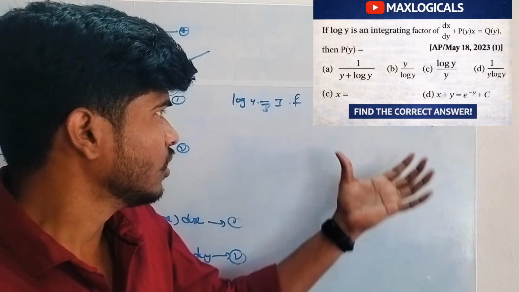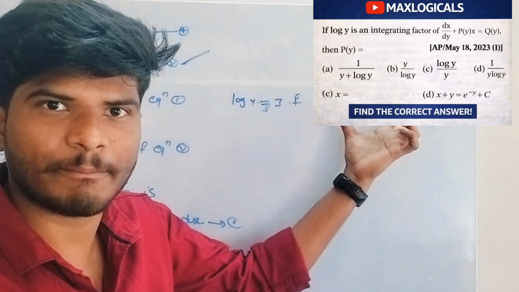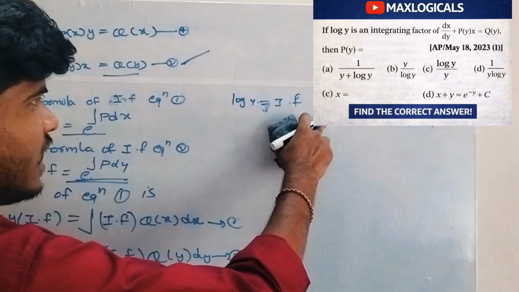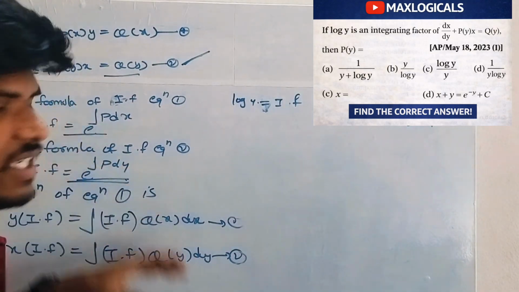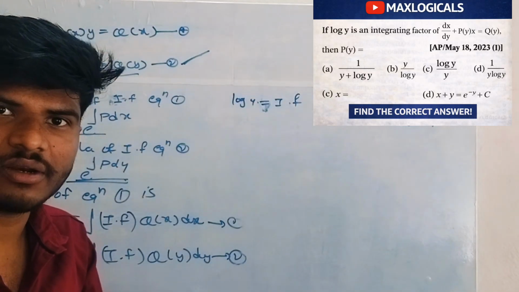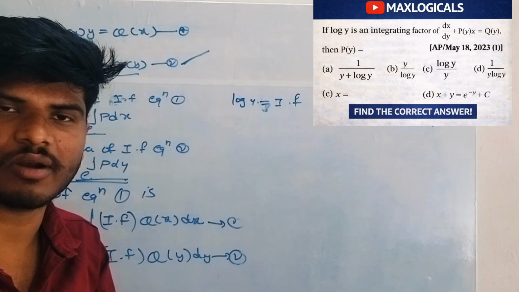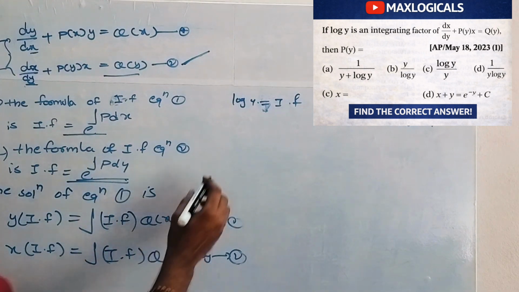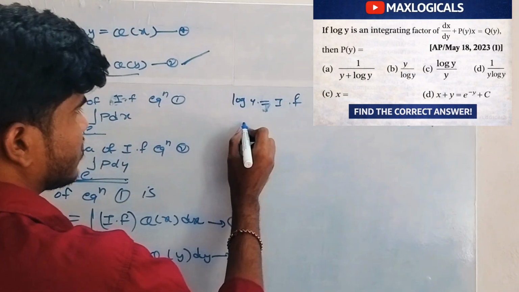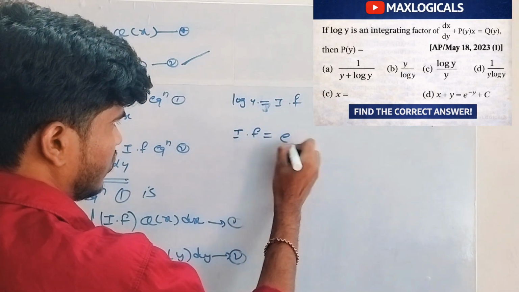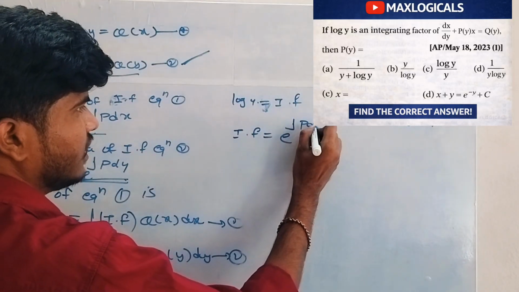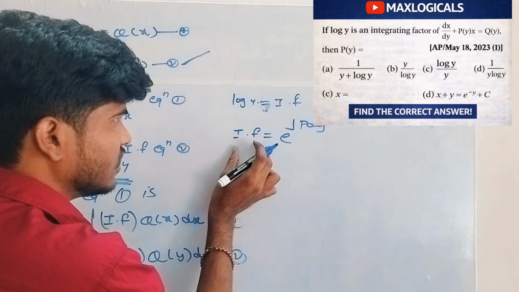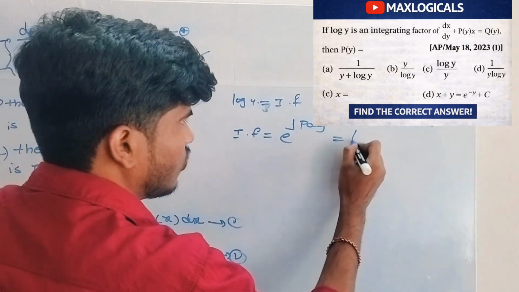Now this differential equation is like equation number 2, so we can use the integrating factor formula of equation number 2. The integrating factor equals e power integral p dy. Integrating factor equals log y.